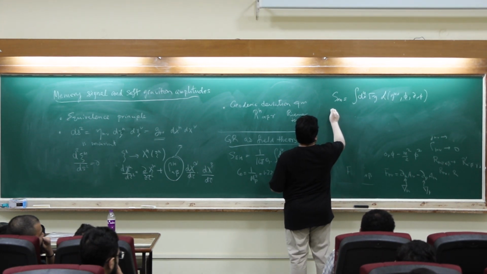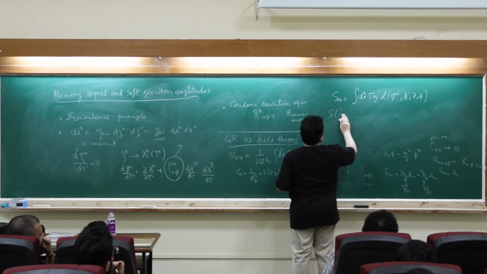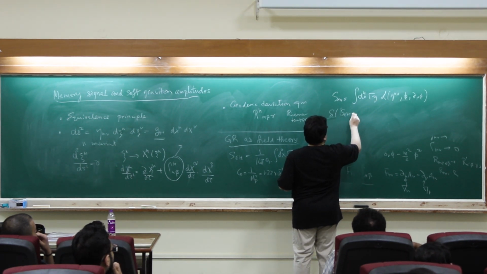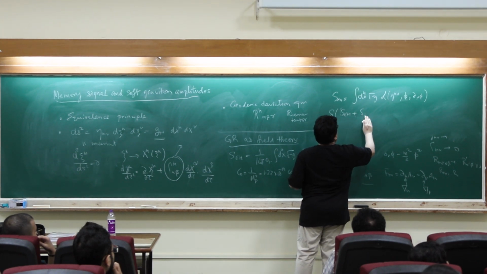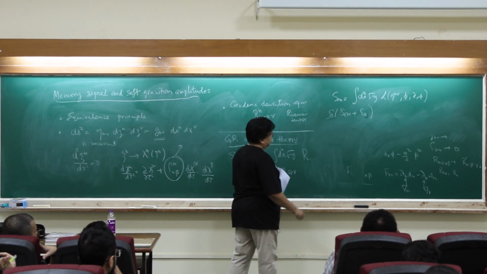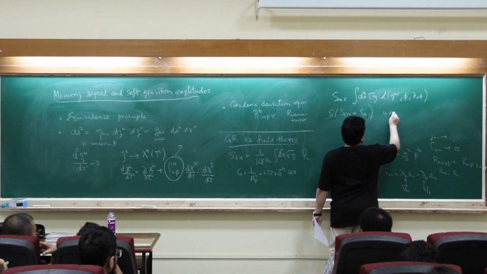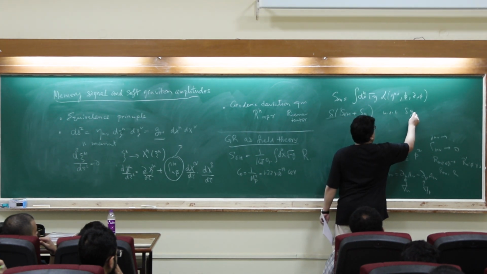So now what we do is vary the matter and the gravity Lagrangian with respect to the metric.